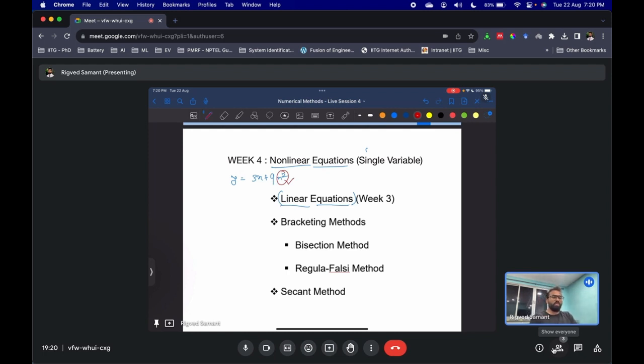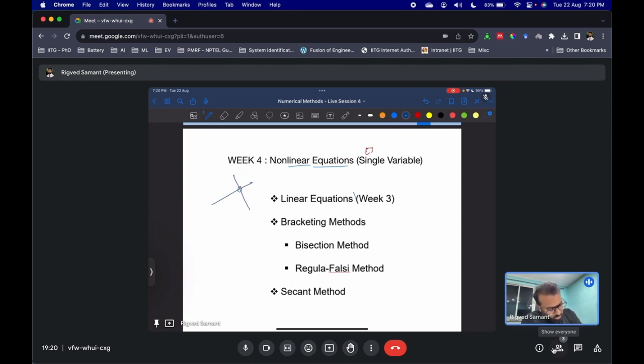If there is only one variable, a single variable, and you are considering it, then there is a nonlinearity involved. So with the linear equation, one good thing was the solution was finite. If you had two lines intersecting, only one solution is possible.